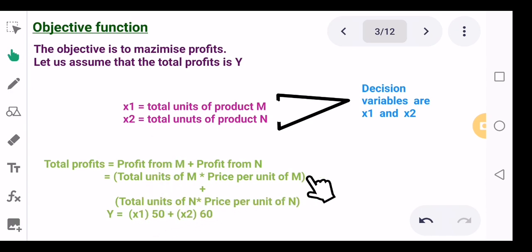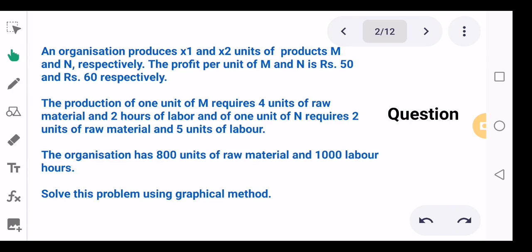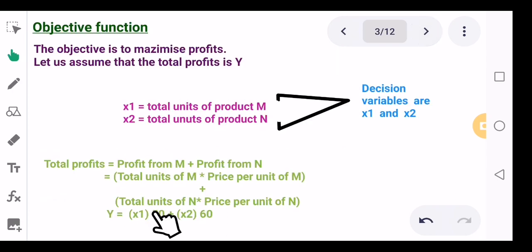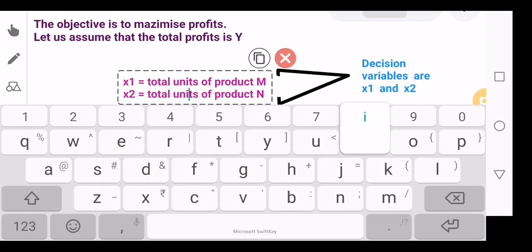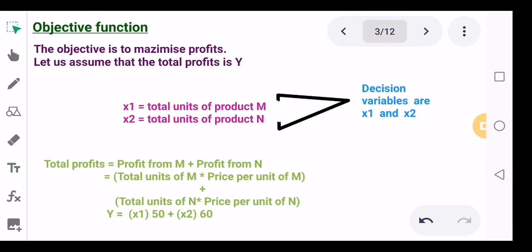Price per unit of M is 50. Then profit from N is total units of N, that is X2, and price per unit of N is 60. 60 is mentioned in the question.